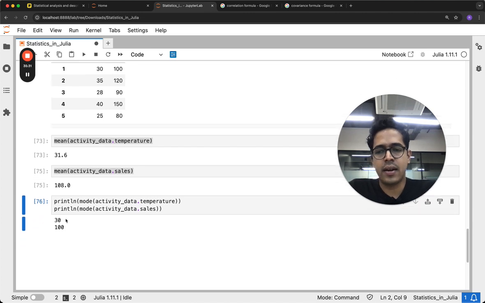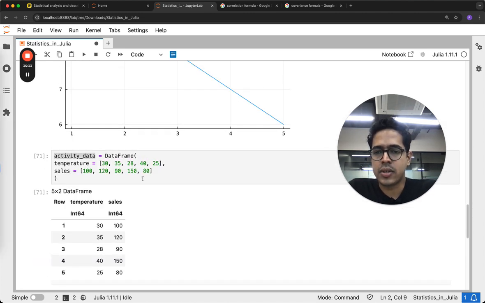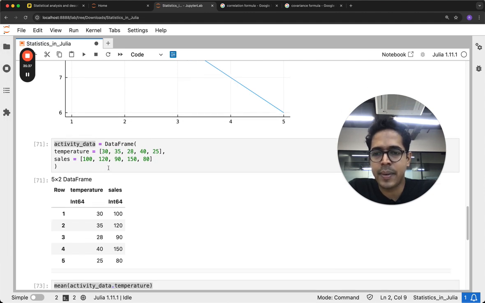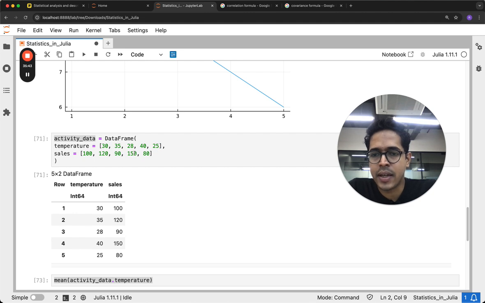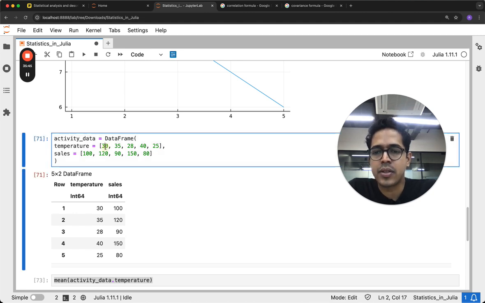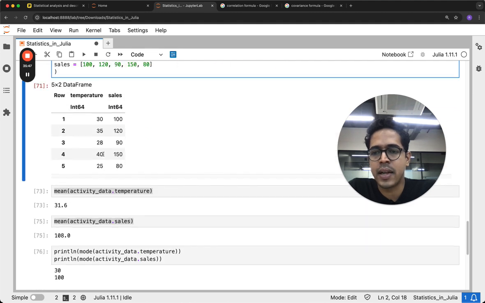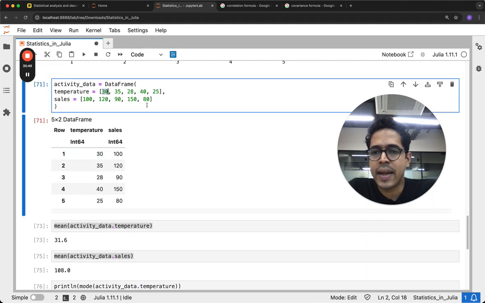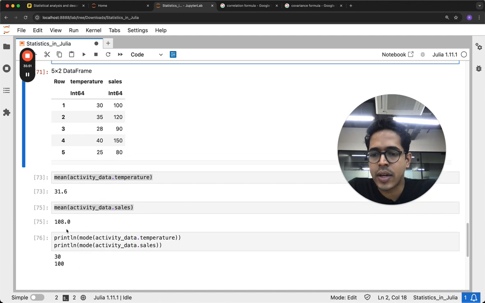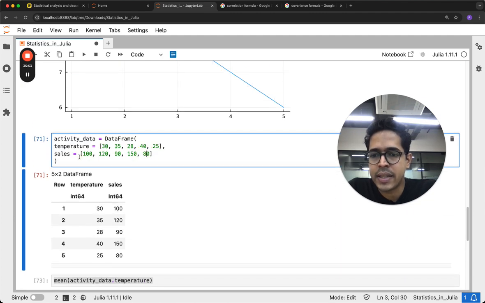So 30 and 100, that is the mode, because there are no repeating numbers, so mode will be the middle value, I guess. 25, 30, 35, yeah. So mode is 30 because it's the middle number, and 100 is also the middle number, so 80, 90, 100.